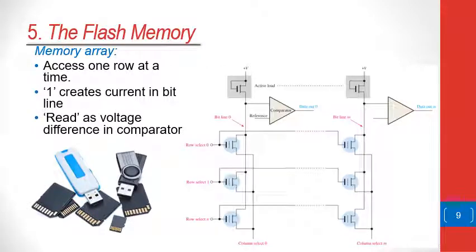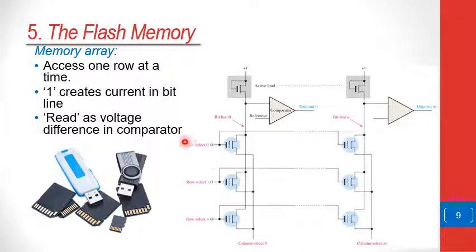So this figure shows a typical memory array of a flash memory, and access is granted one row at a time. So for instance, each of these cells will store a different bit.